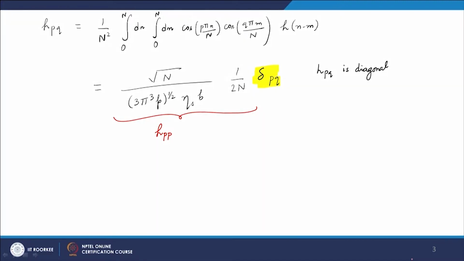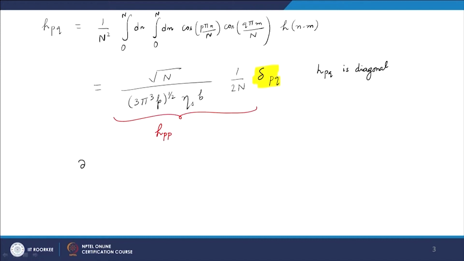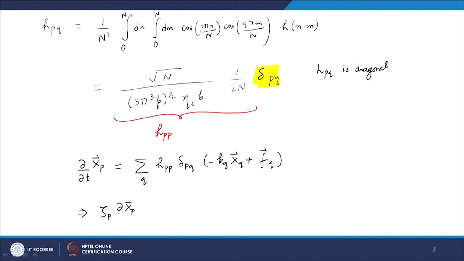So, then going back to the equation I had earlier and the relation for H_pq we have derived, what we do get is, which in turn gives me something that is similar to what we had for the Rouse model.